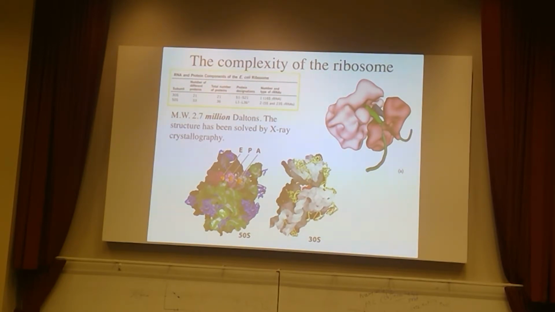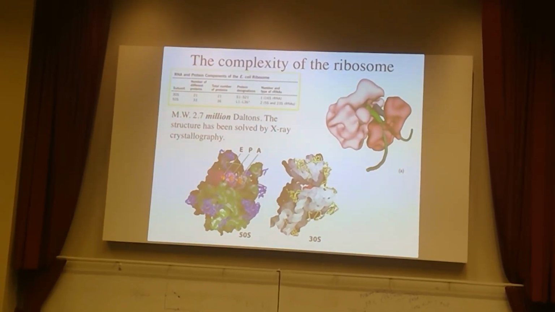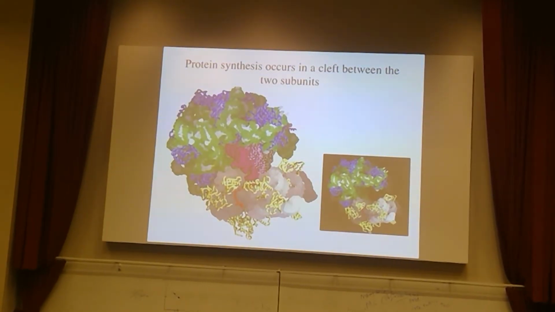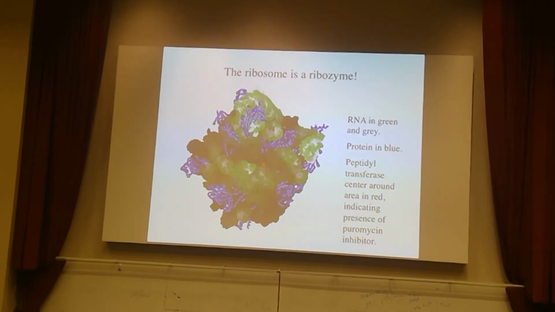I thought that there were some pieces of machinery, some proteins that were just so complex, they were never going to be able to use X-ray diffraction techniques to solve those structures, but this was truly extraordinary. They have an atomic level resolution structure of the ribosome, and now we are using it to really figure out what the ribosome does. Again, we'll take a look at that on Thursday. Protein synthesis occurs in this cleft, and we'll take a look at some of the details there.